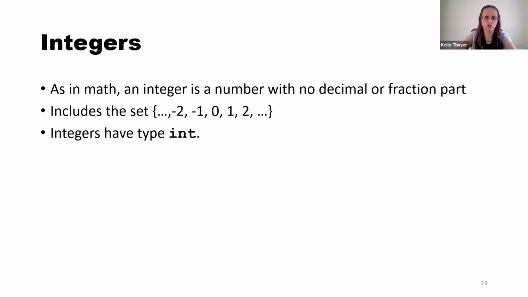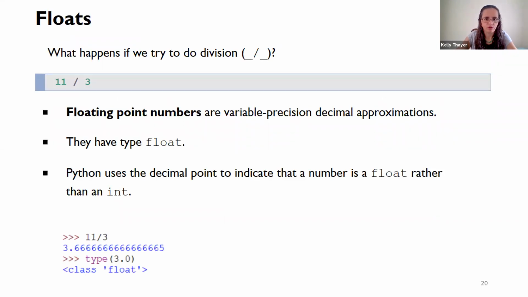Integers, as in math, are numbers with no decimal or fraction parts. So it's basically negative infinity to positive infinity, the integers, right? And integers have type int. Floats we've seen are motivated by division. The floating point numbers are variable precision decimal approximations.